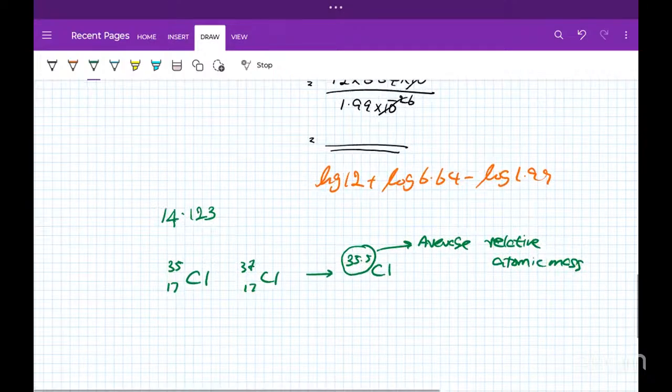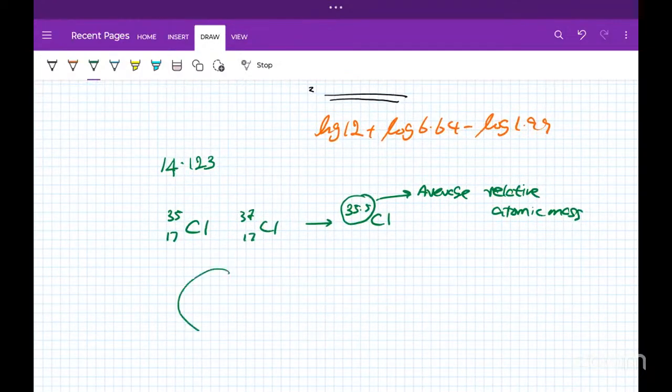Because if you have a sample of chlorine, it contains Cl-35 and also Cl-37. We can't exactly say whether this is 35 or 37. Because of that, we have to take an average relative atomic mass. How to do it?